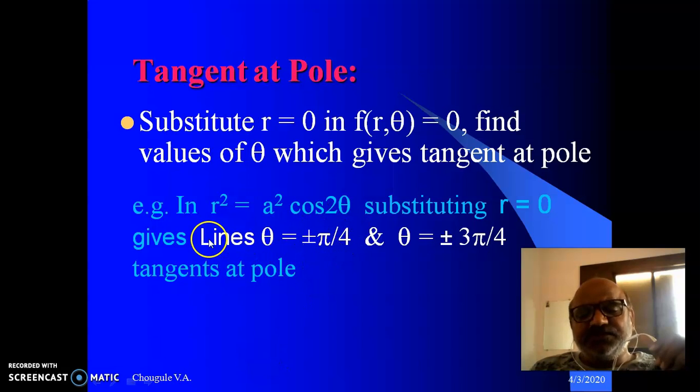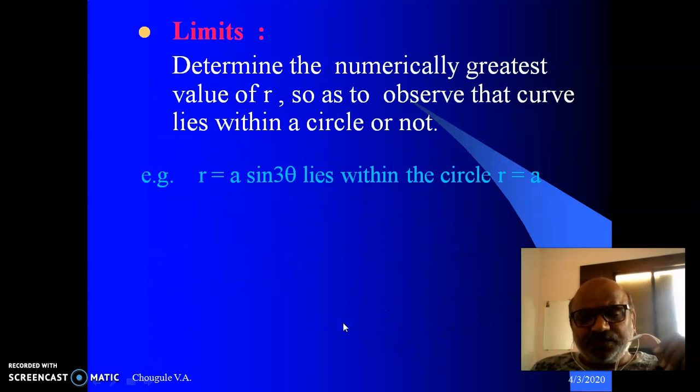It is the radius vector passing through the pole. If we write r is equal to 0 here, cos of 2 theta is equal to 0. Cos of 2 theta equal to 0 means 2 theta is equal to plus or minus pi by 2, plus or minus 3 pi by 2, etc. Therefore theta is equal to plus or minus pi by 4, plus or minus 3 pi by 4. These are the tangents at the pole.